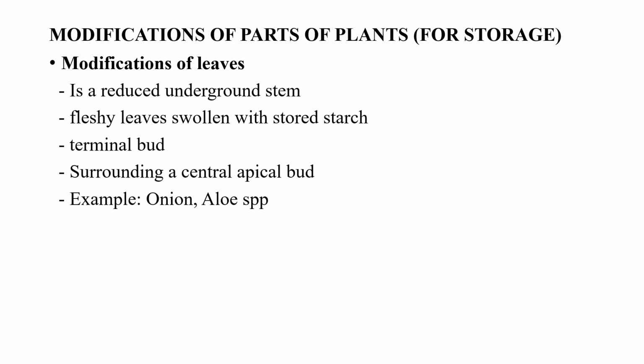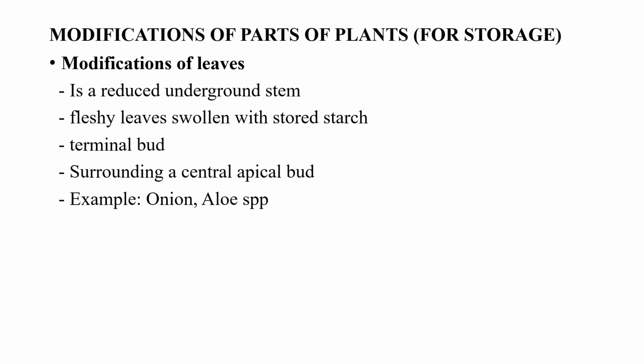And one thing again you need to know is that leaves can be modified, just like any other part of the body of plants, for different purposes or into different things. When we say modification of parts of the body of a plant, that is when the parts are not looking the usual or regular way.